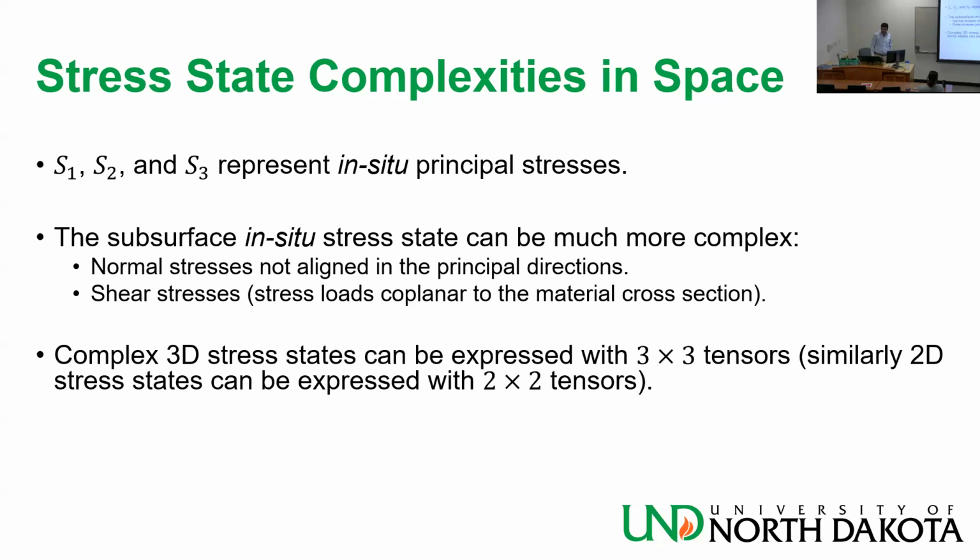Complex 3D stress states can be expressed with a 3x3 tensor, which is basically a 3x3 matrix. Similarly, 2D stress states can be expressed with a 2x2 tensor. So we talked about 3 stresses, S1, S2, S3. But now we are talking about a 3x3 tensor. So it's something like this.